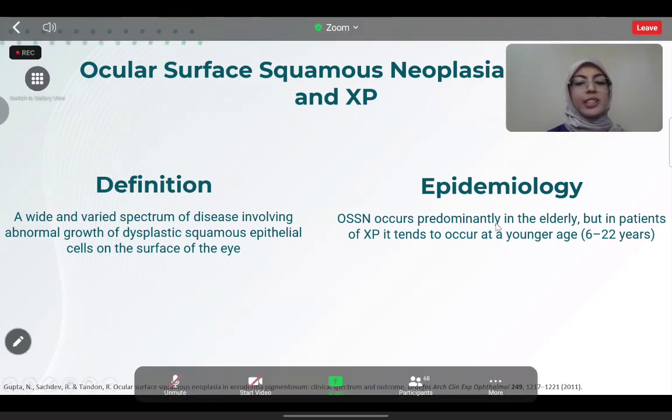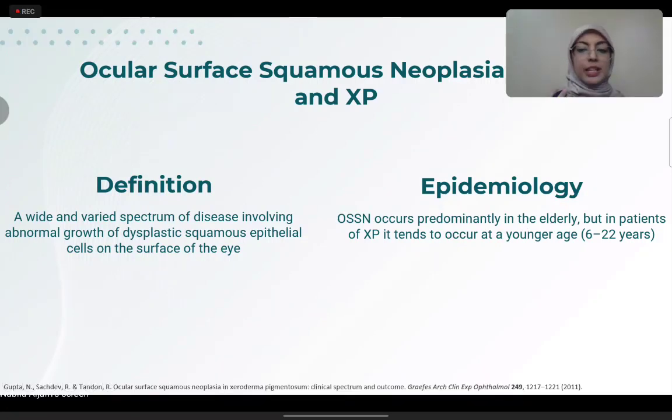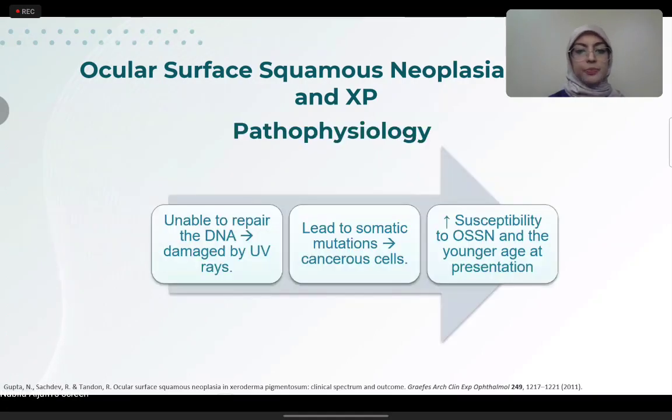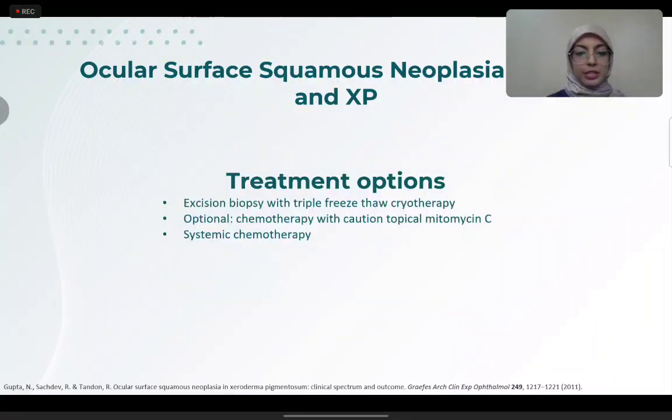It predominantly occurs in adulthood, but in patients with XP, it tends to occur at a younger age. What happens is that they are unable to repair the DNA damage from UV rays, leading to somatic mutation and cancer cells, leading to increased susceptibility to OSSN and a younger age of presentation.